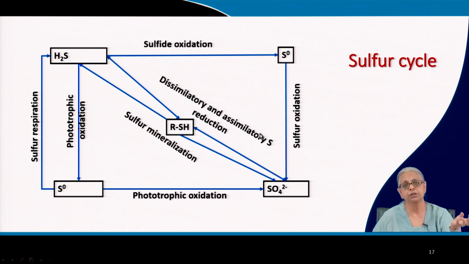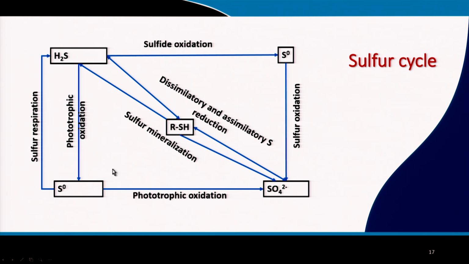Assimilatory means the inorganic forms are being converted to organic sulfur and becoming a part of the biomass of the organism, and dissimilatory is when the inorganic forms are serving as energy sources, and other inorganic forms are being excreted into the environment. So we're going to go into some of these details.